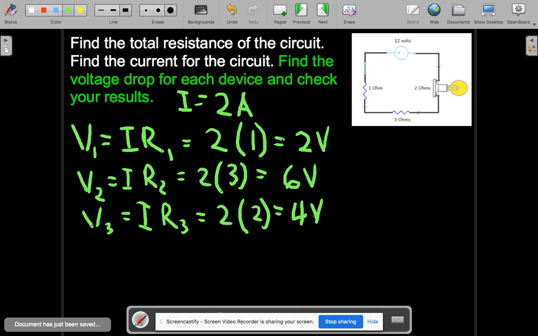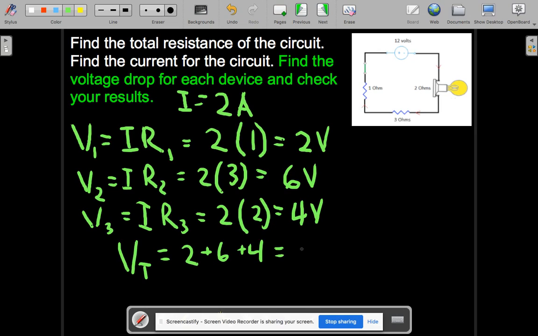So when you add them up, our V total is going to be equal to each of the V's added together. So 2 plus 6 plus 4, and that gives us a total of 12 volts, which is the voltage of the battery. And that's it.